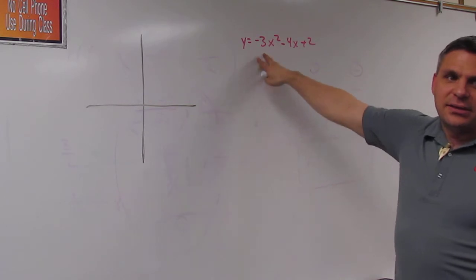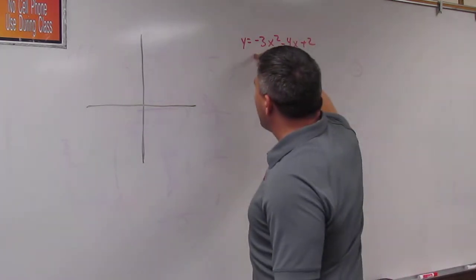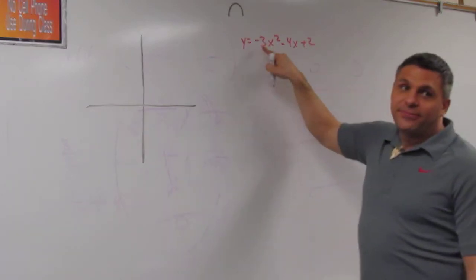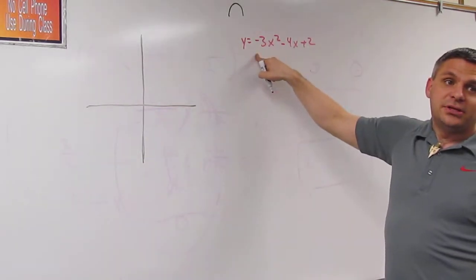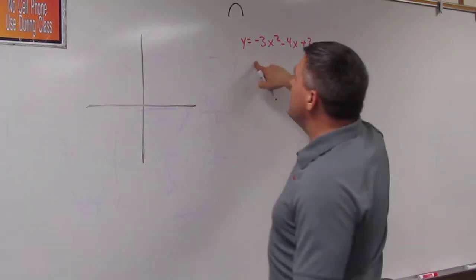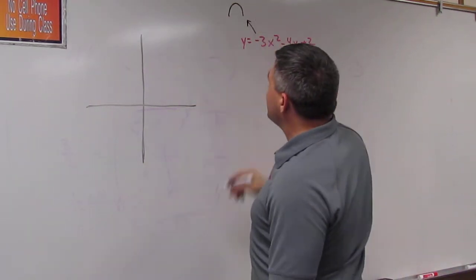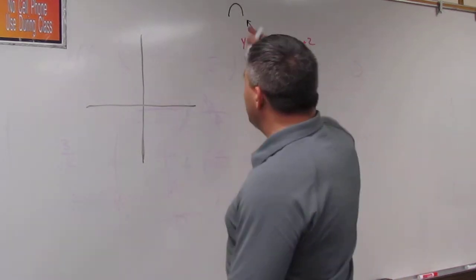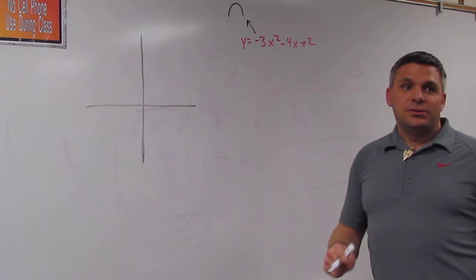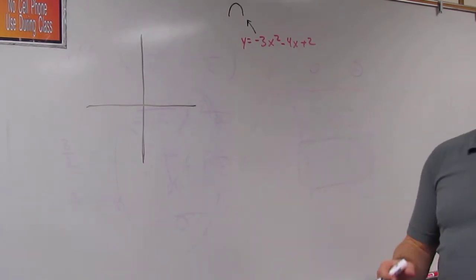We talked about that the other day. In this case, it is frowning, right? Because the front coefficient is negative. Therefore, this thing is frowning. I don't know where it's frowning, but I know it's going down. So there's going to be a maximum point on this parabola.